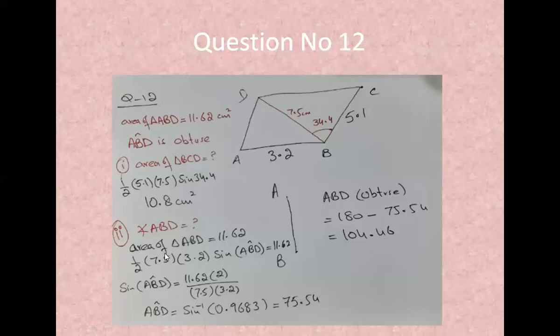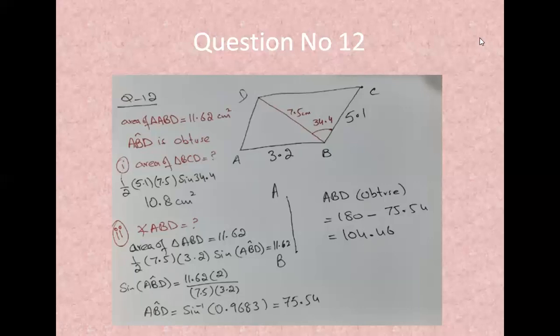So in your calculator, you will write shift sine 0.9683 equals, and that will be 75.54. So I know this ABD angle is 75.54, but he said that the ABD is an obtuse angle.